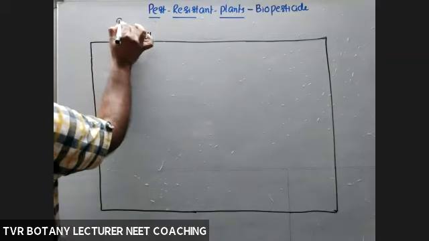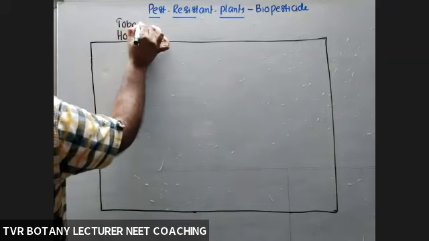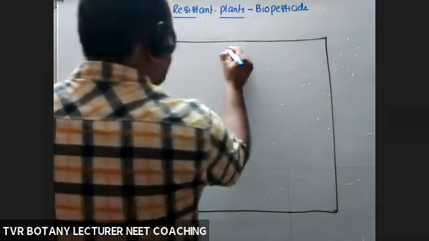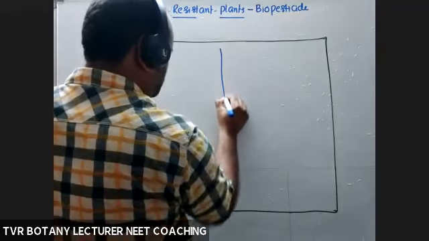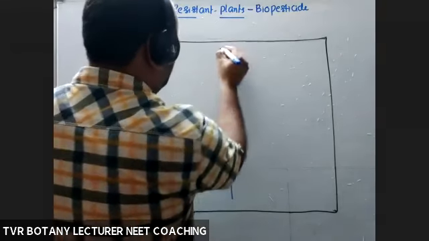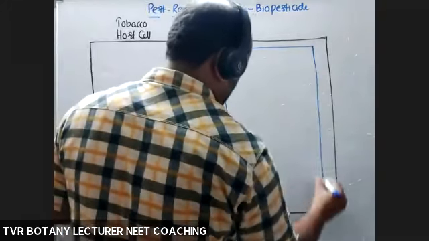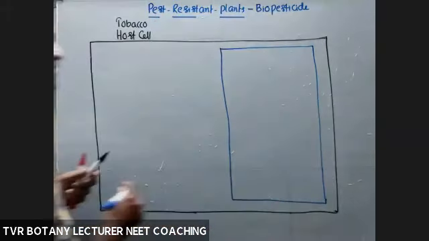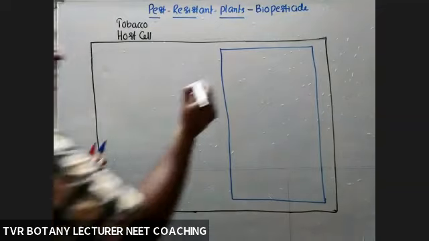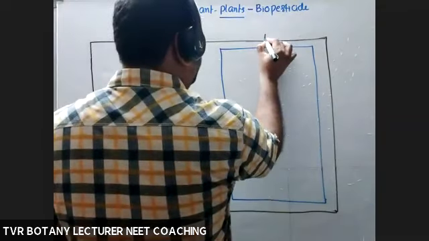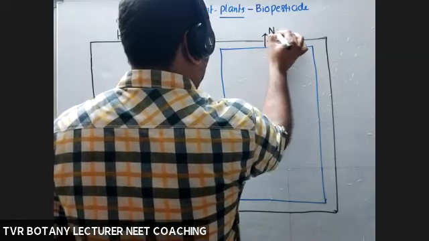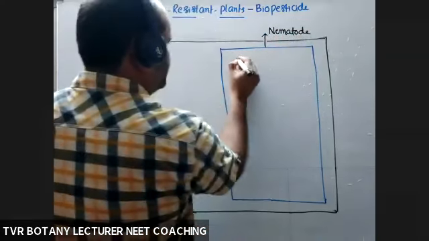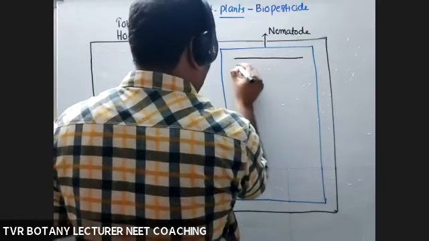Take a tobacco plant, no problem. And here is the nematode. This diagram is a dummy diagram only, not the real diagram, but the mechanism is almost the same. And this is the double-stranded DNA of the nematode.